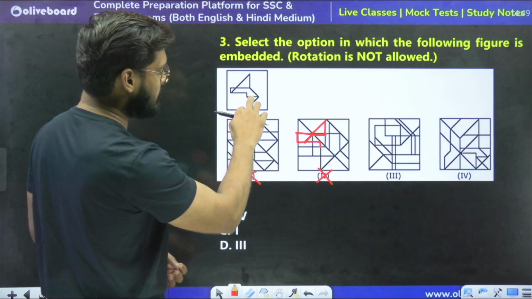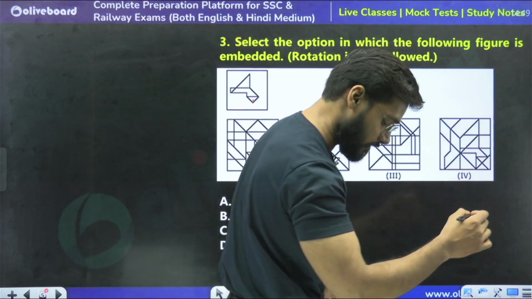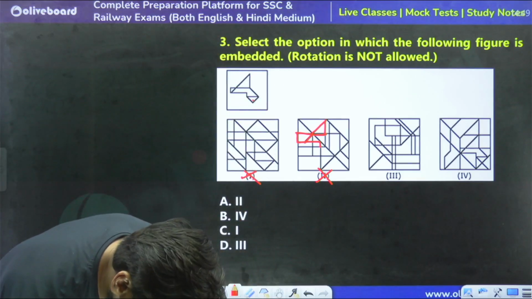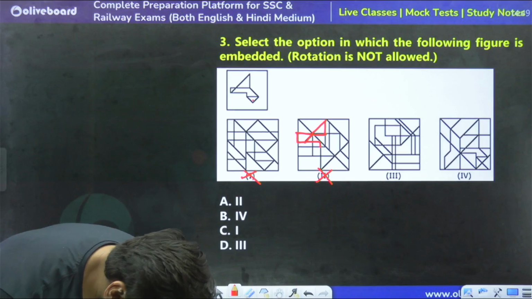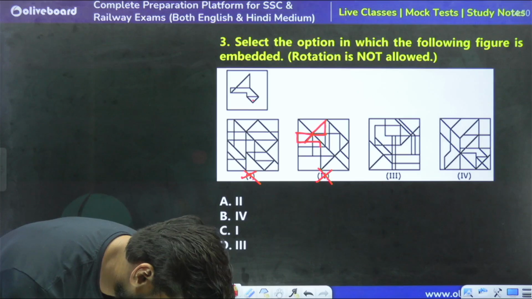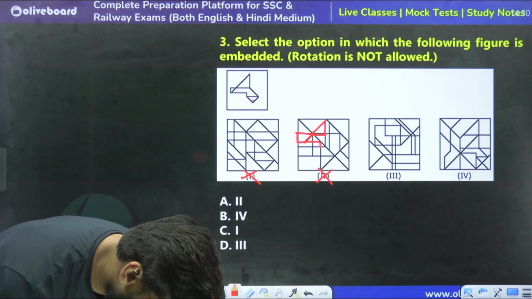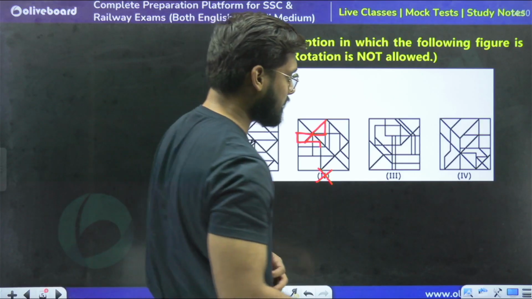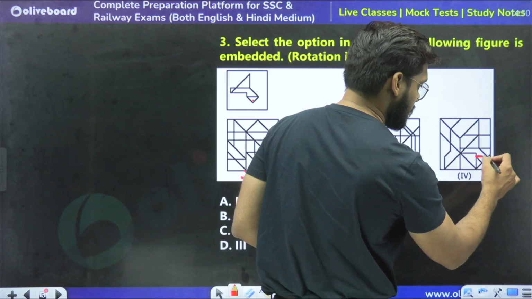See, we can see this triangle here. We can see the triangle over here. Look at this.